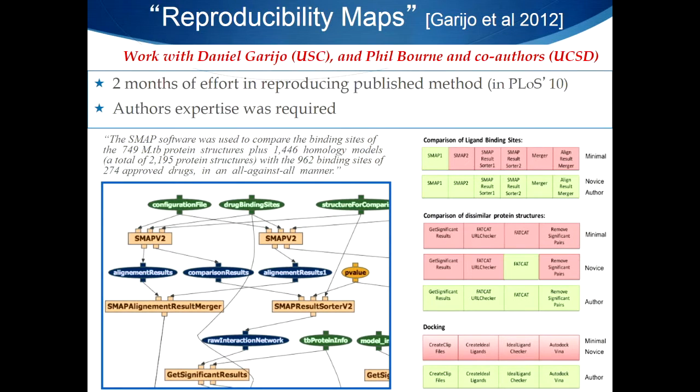And in fact, we built what you see on the right, those colored squares that we call reproducibility maps. You see that some of them are in red and some of them are in green. In green, it means that at that level of expertise, you could actually reproduce all the steps.